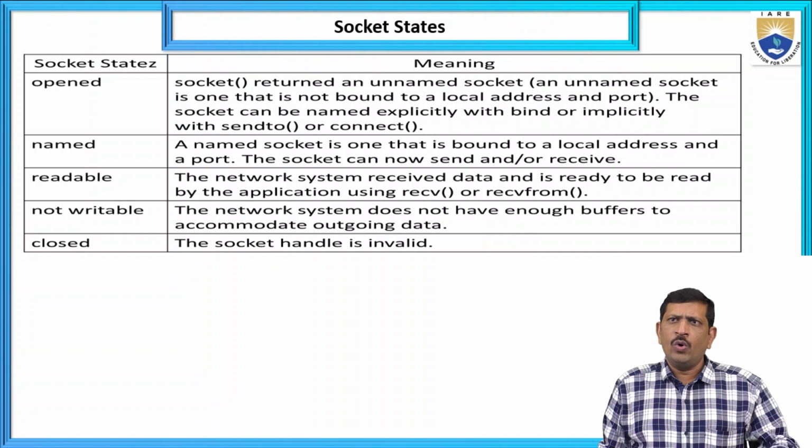Each and every host has a local address and port number. Based on the local address and port number, data is effectively transmitted from client to server and server to client. The socket can be named explicitly with bind or implicitly with sendto or connect function calls.